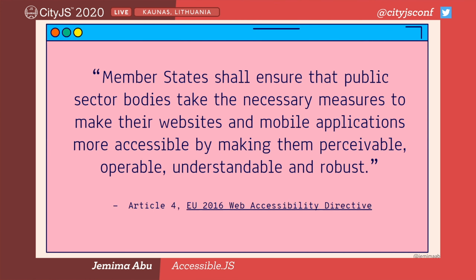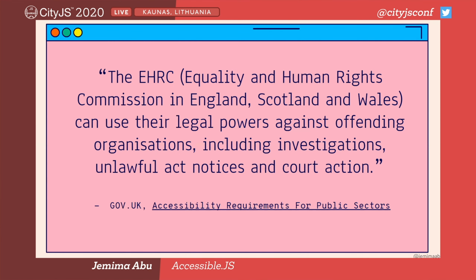There is a 2016 EU Web Accessibility Directive that states that public sectors have to ensure that their sites are accessible by making them perceivable, operable, understandable, and robust. These are the accessibility guidelines by the WCAG. And there is a different law, from a different body than the first law. This is for the UK.